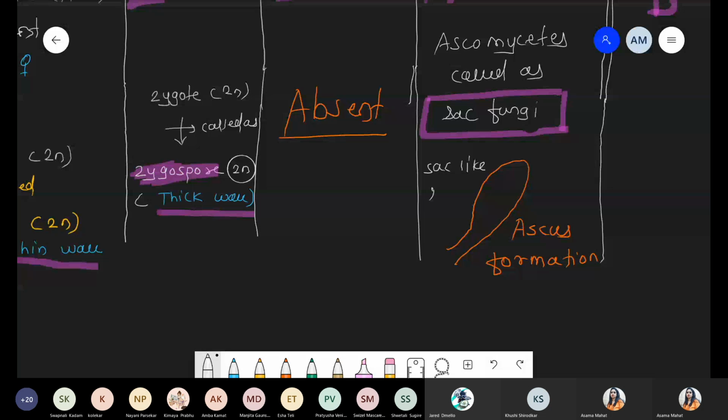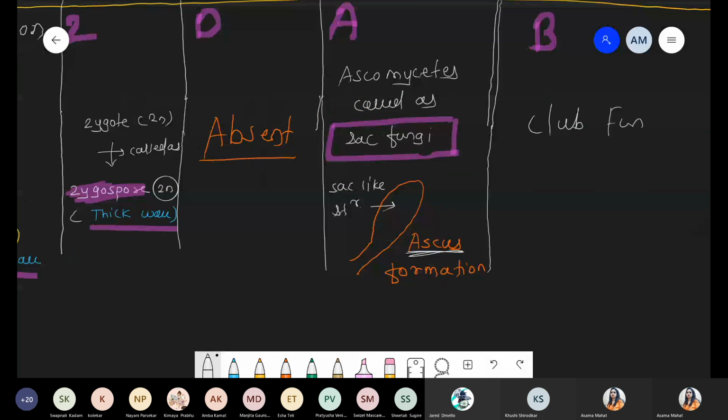Now, the same scenario with respect to basidiomycetes. Basidiomycetes is also called the club fungi. And why do we say club fungi?